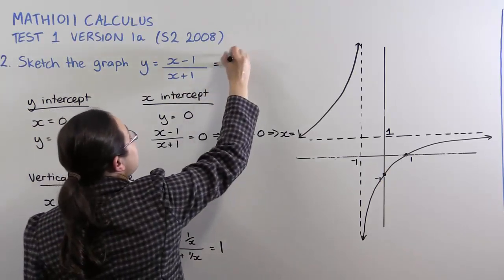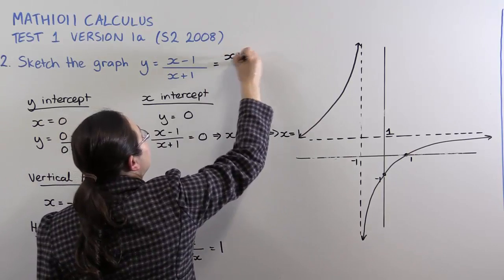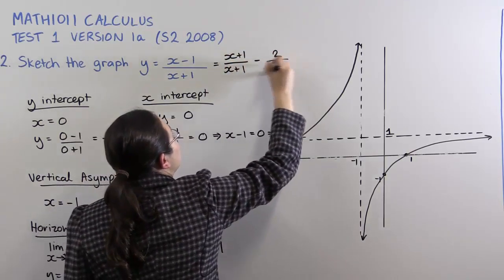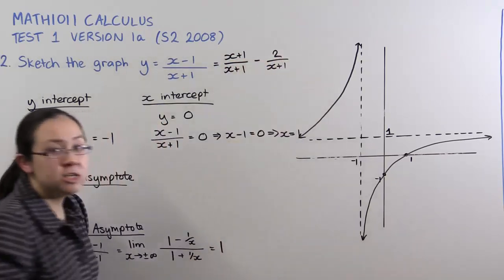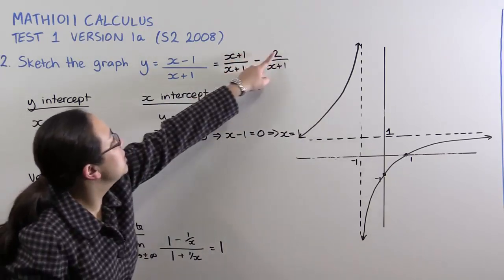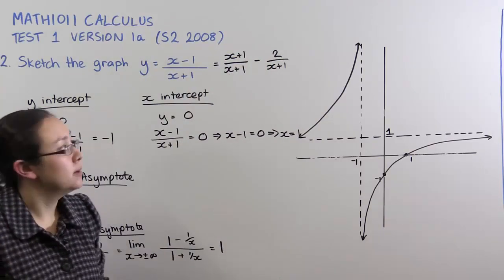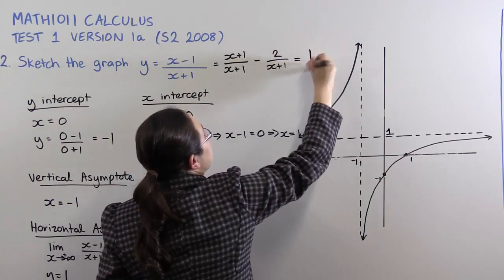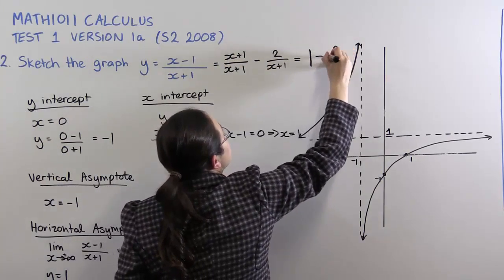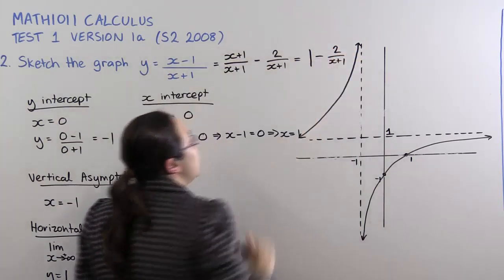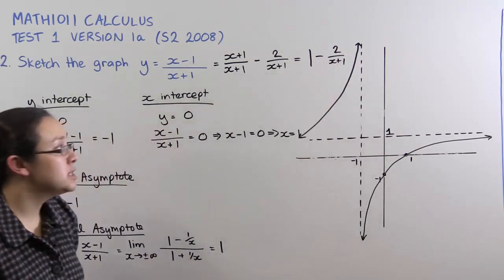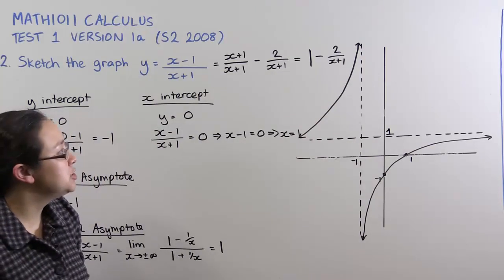Well, actually, that's x plus 1 on x plus 1 minus 2 on x plus 1, because x plus 1 minus 2 is just x minus 1, okay? But x plus 1 over x plus 1 is 1, so this is actually 1 minus 2 on x plus 1. And if you have an equation that looks like this, you can tell it's a hyperbola. It's just been transformed, it's being shifted a bit.